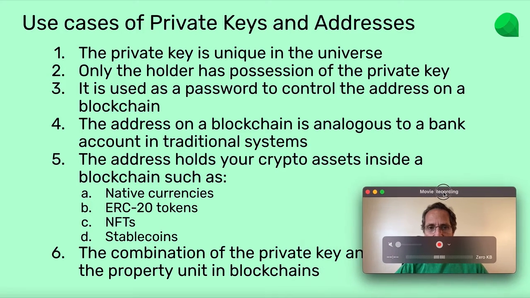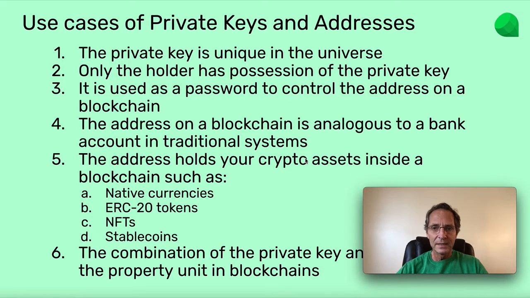The use cases of the private keys and addresses: one, the private key is unique in the universe. This is key because this is what guarantees your property on blockchains if you hold your private keys. Only the holder has possession of the private key. This is done through normal software wallets like Emerald Wallet, where you control your private keys on your computer, or you can use hardware wallets, which may be used in combination with Emerald Wallet.